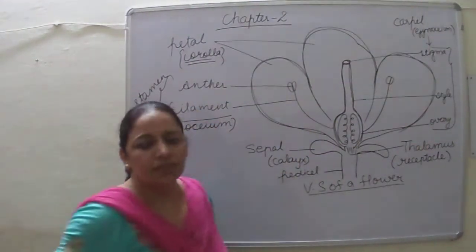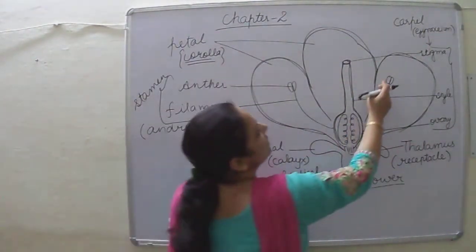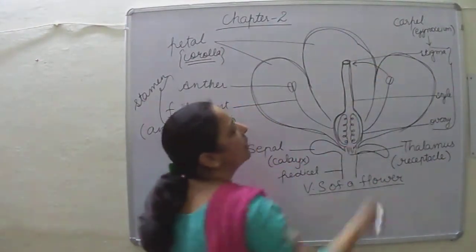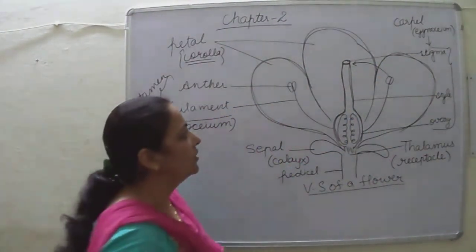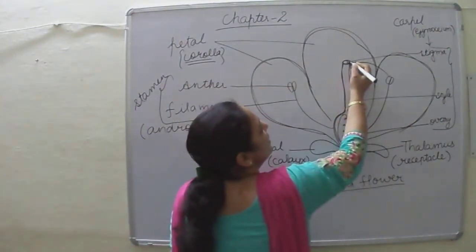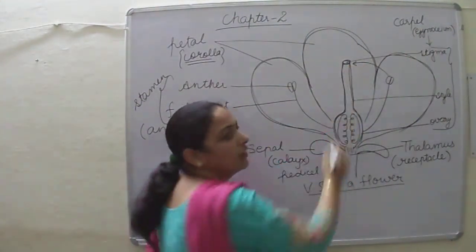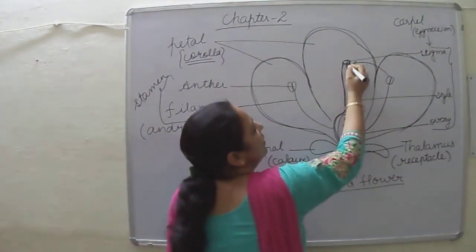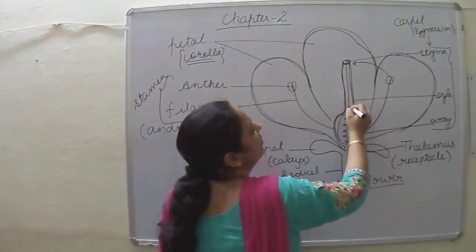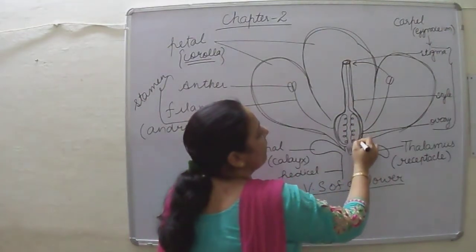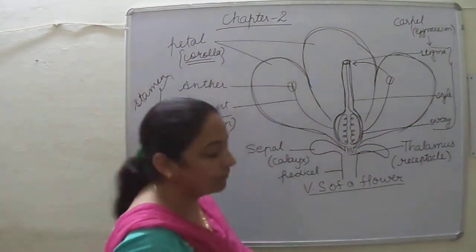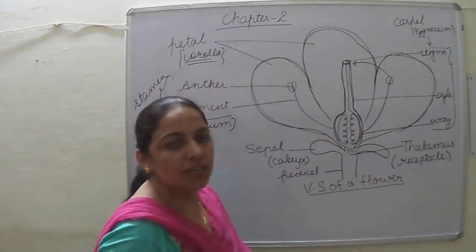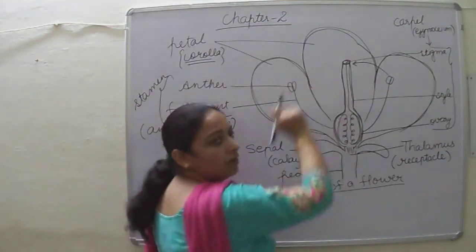Stigma is a place where pollen from the anther is transferred by the process of pollination. Here the pollen starts germinating by absorbing water and makes a pollen tube. This pollen tube comes down up to the ovary. It is somewhat sticky to hold on to the pollen.